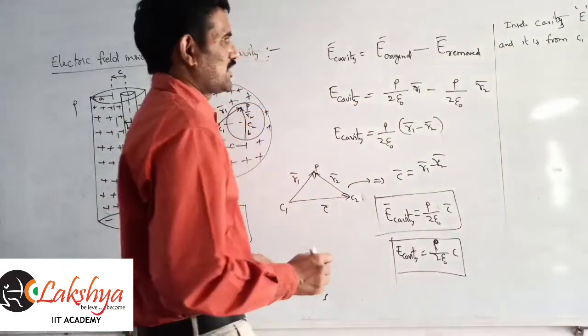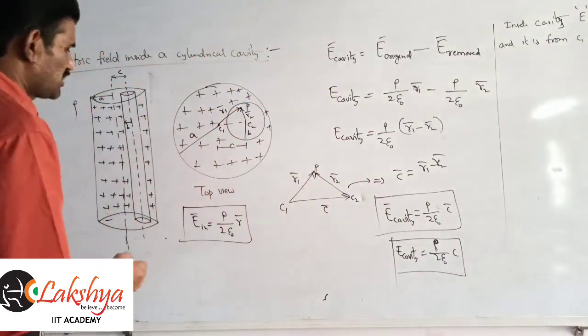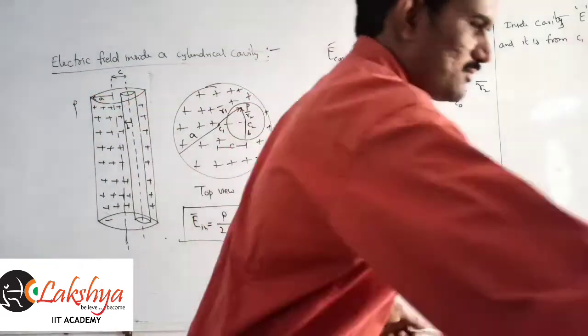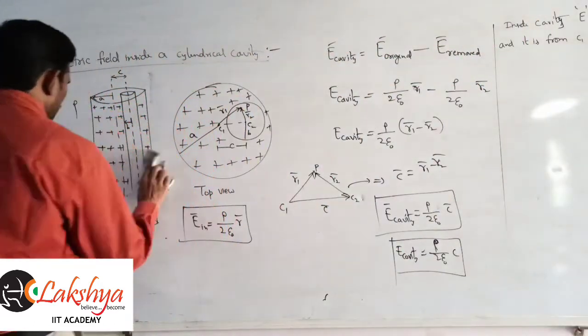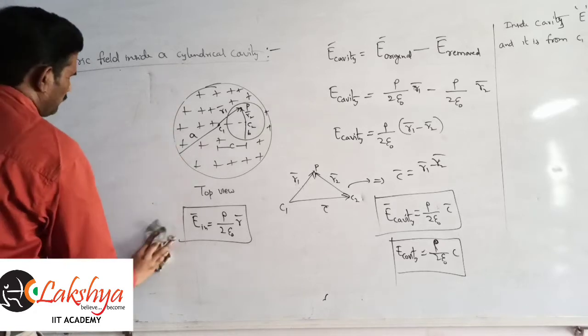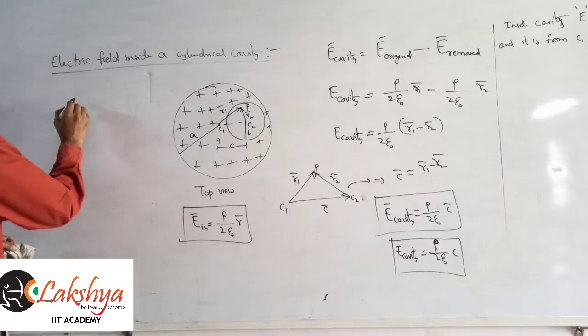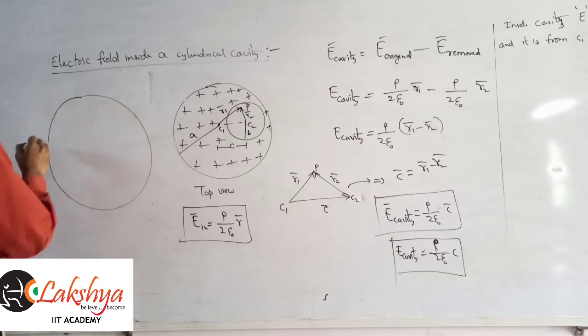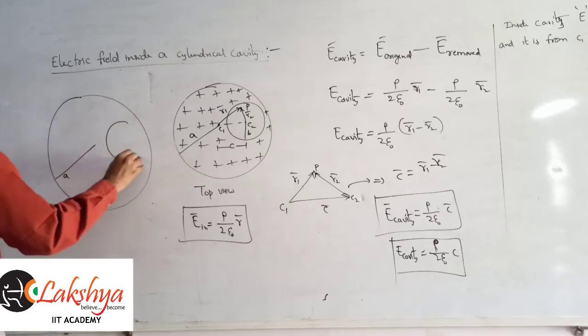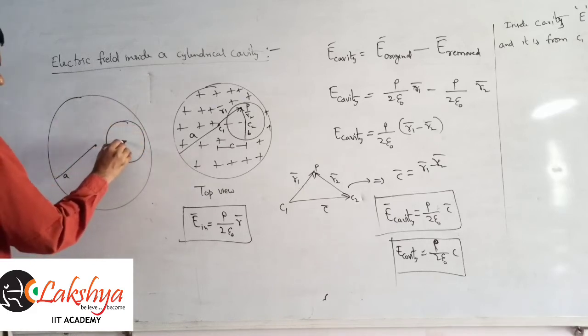So here the field lines, I will draw this diagram here. I will rub this. So that means field lines you can represent like this, so that you can understand how the field is.